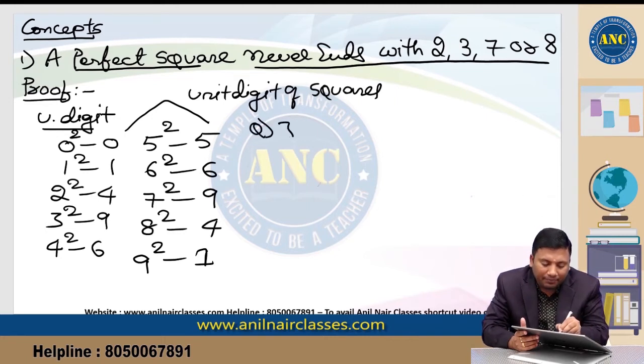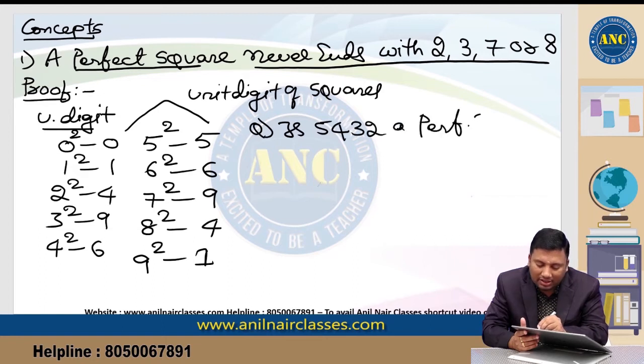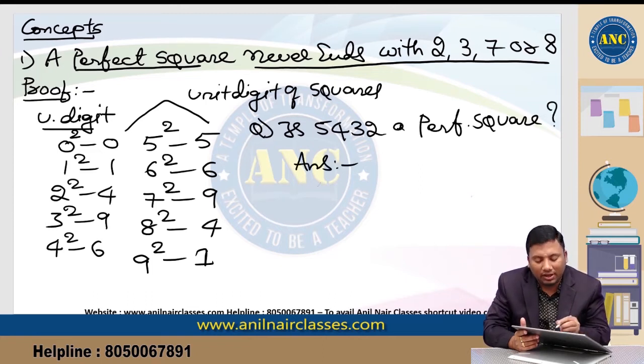For example, is 5432 a perfect square? The answer will be no, because a perfect square will never end with 2, 3, 7 or 8. I hope the idea is clear.